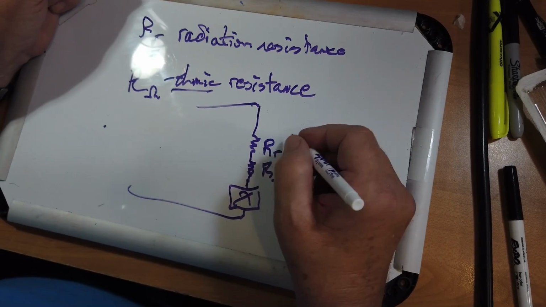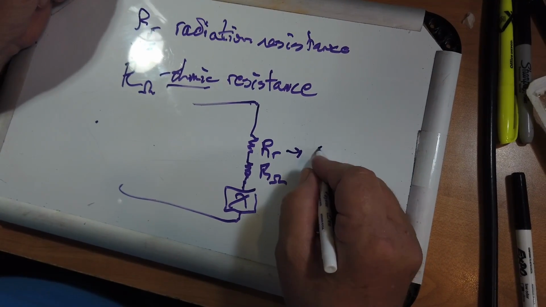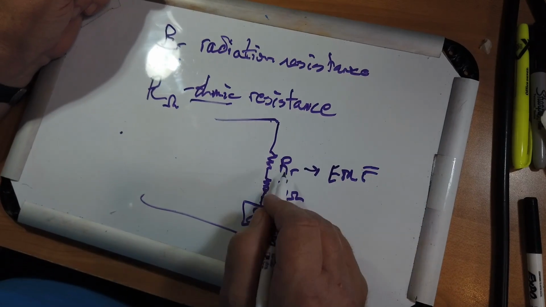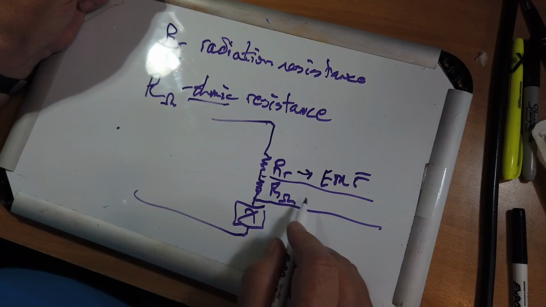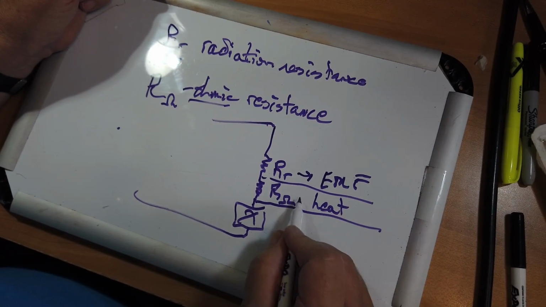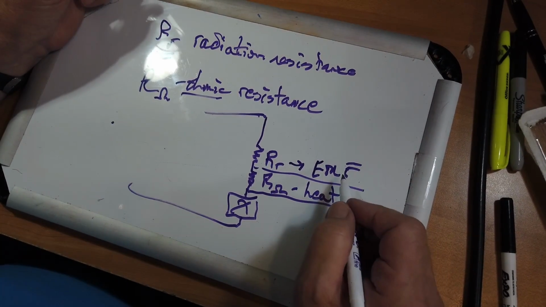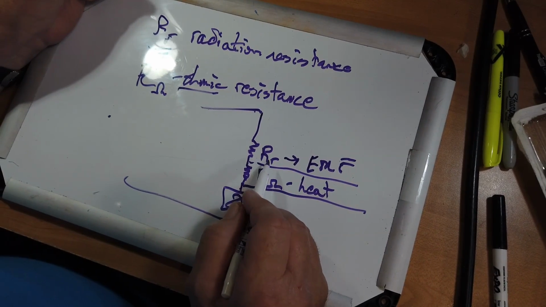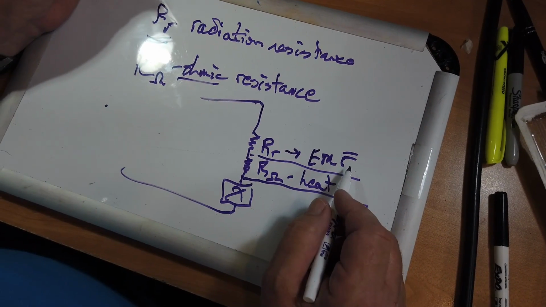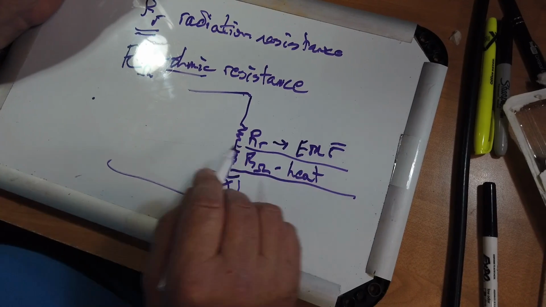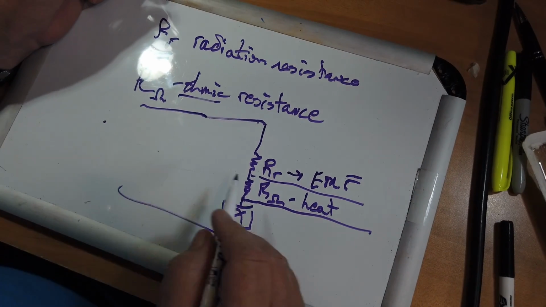This is for energy, we'll say lost, as electromagnetic field. This is what actually excites the radiation of the electromagnetic field. The ohmic resistance is heat. That's just warming the bird's feet as they sit on your antenna. Now, what we want, obviously, is for the ohmic resistance to be as small as possible and for the radiation resistance to be up very near the overall antenna impedance.